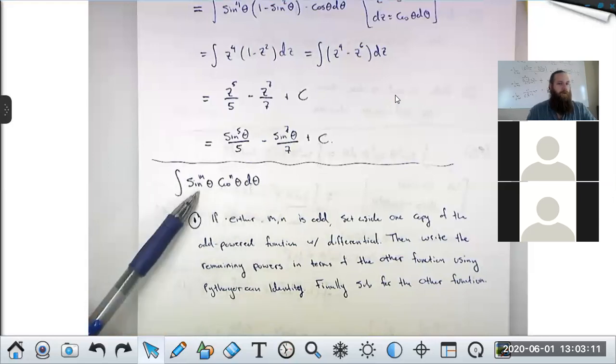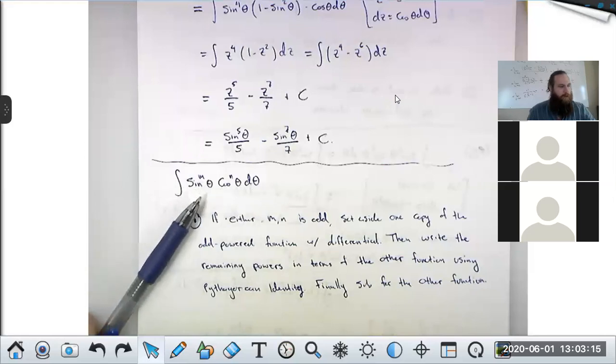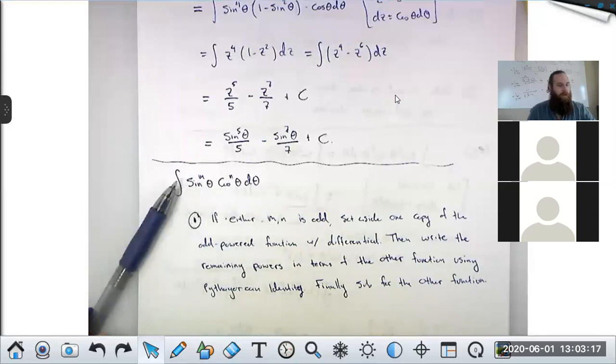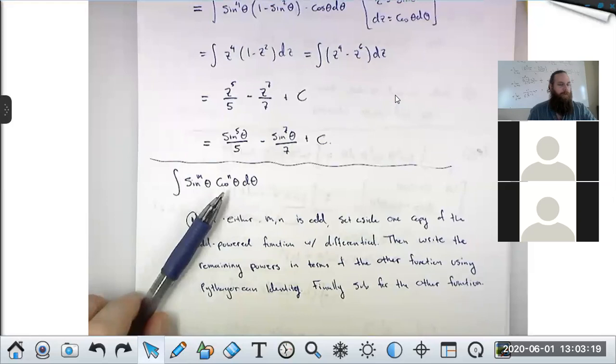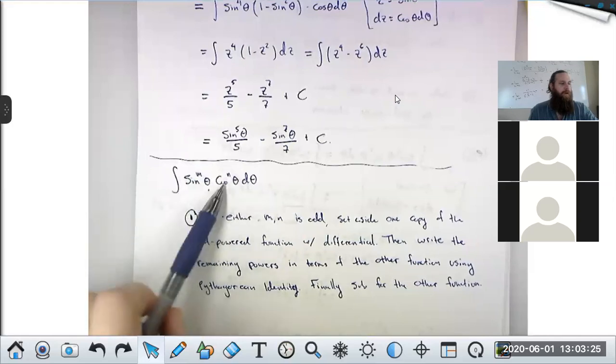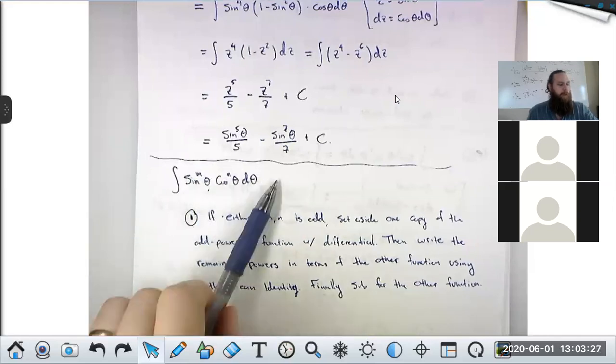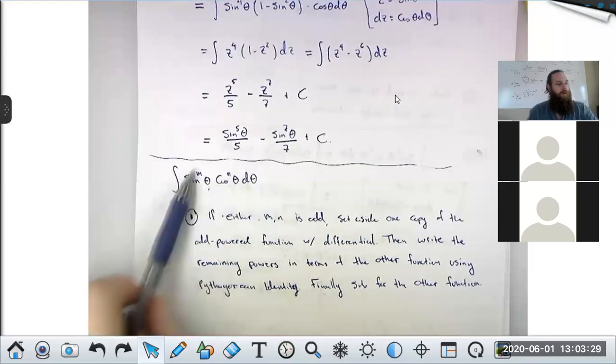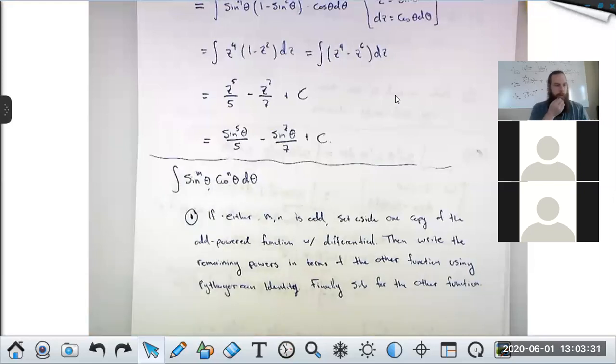The even powers of sine, which will be left because they're even, can be written using the Pythagorean identity in terms of cosine. So then you'll have some mess of stuff involving cosine here, a power of cosine here, and then sine theta d theta. So your move would be to substitute for cosine. If it's the other way around, then you just switch the roles of sine and cosine.